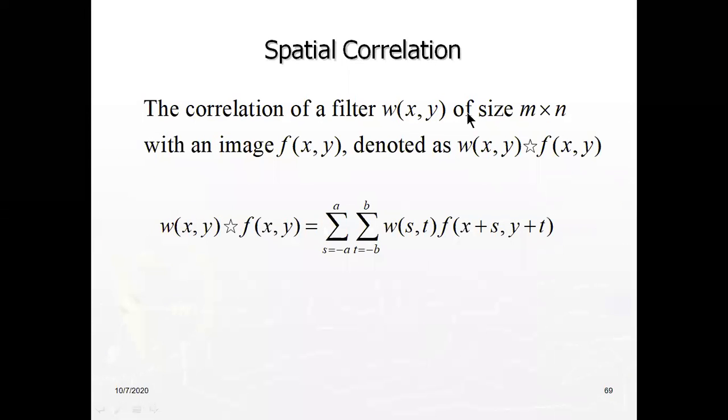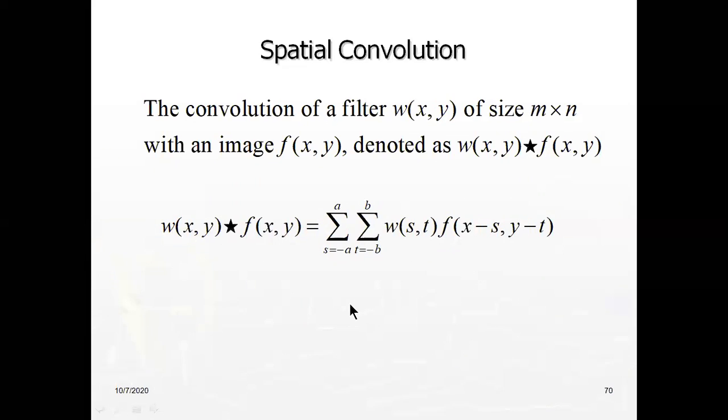So the correlation of a filter w of x, y of size m by n with an image f of x, y is denoted by w of x, y, a star which is open, f of x comma y. Okay, this is the formula.